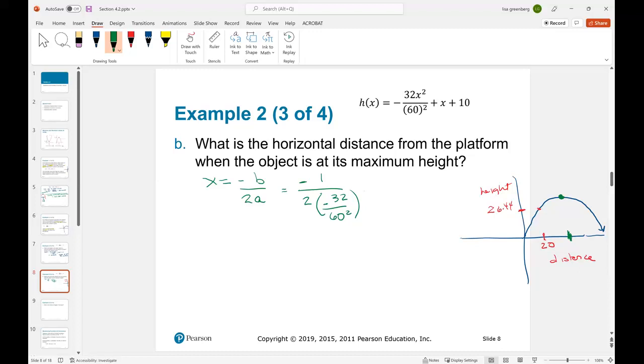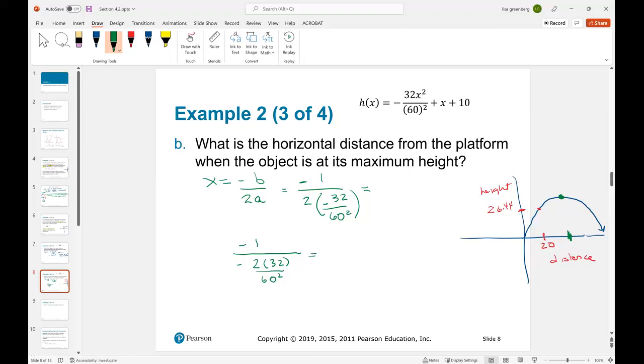Let me put it into a form that'll be a little easier for you to put in your calculator. So this would be negative 1 over negative 2 times 32 over 60 squared.